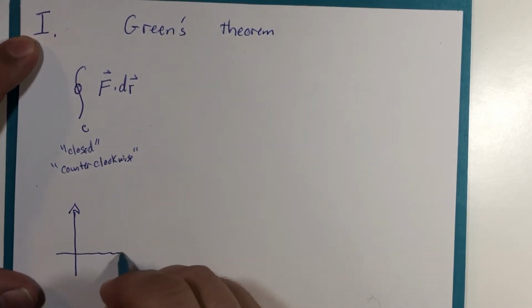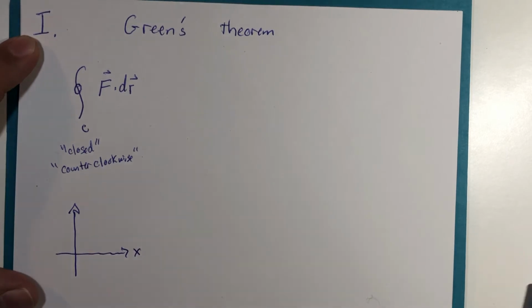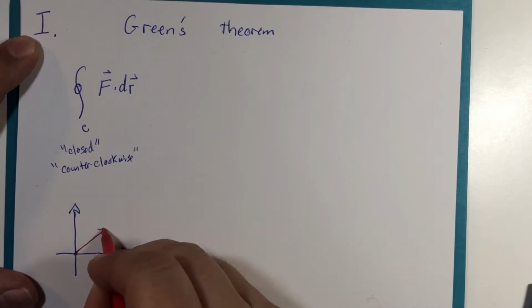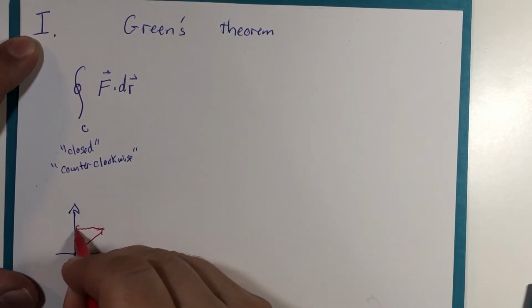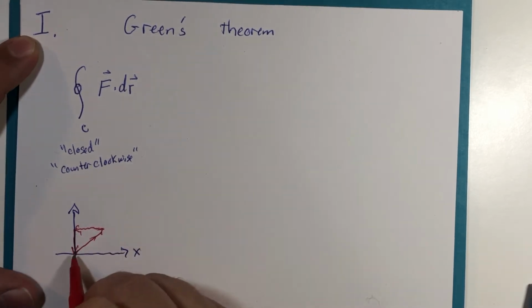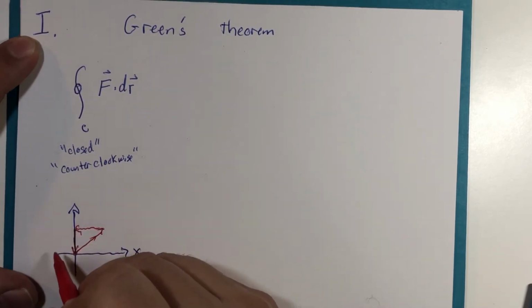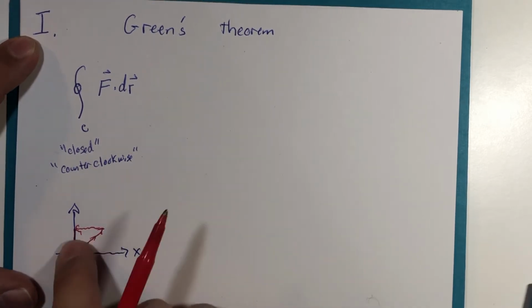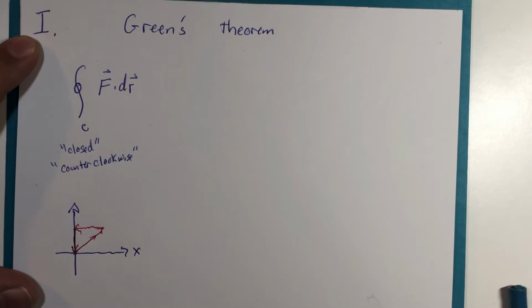X and Y axis. So if you were to travel from here to here, and then horizontally back to the Y axis, and then vertically down, that would be a closed, or the textbook calls it a simply closed region, traveled in the counterclockwise direction.